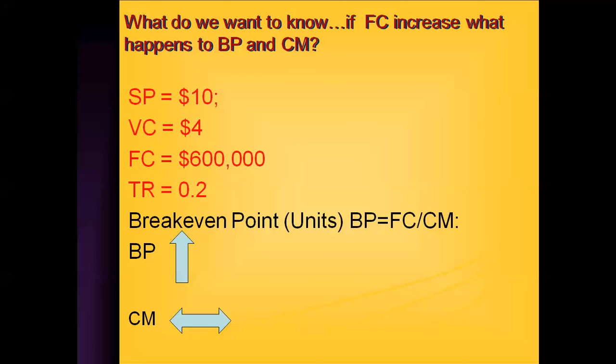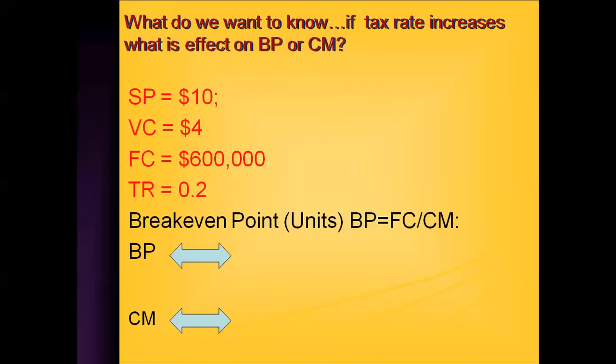So again, getting an understanding of the interactions of the variables in the break-even point equation. Okay, one last one. What do we want to know here? We want to know if our tax rate increases, what is the effect on break-even point and contribution margin?